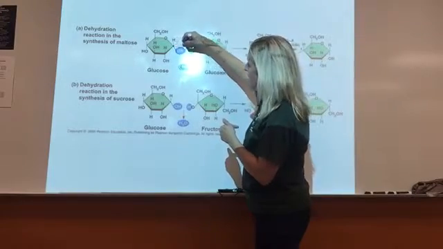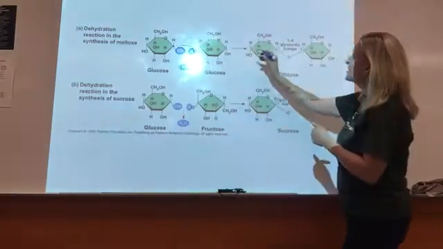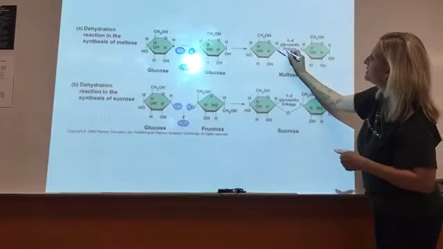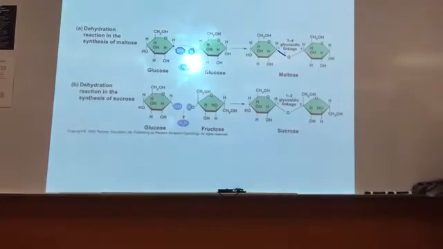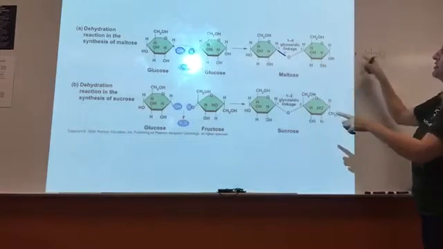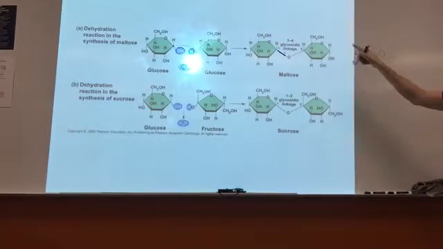So these guys are going to bond to one another. This right here is the new bond. That's your glycosidic linkage. They're now hooking those together, and if this is truly a reaction, you're going to have water as a byproduct. And this is now a disaccharide made out of 2 monosaccharides.